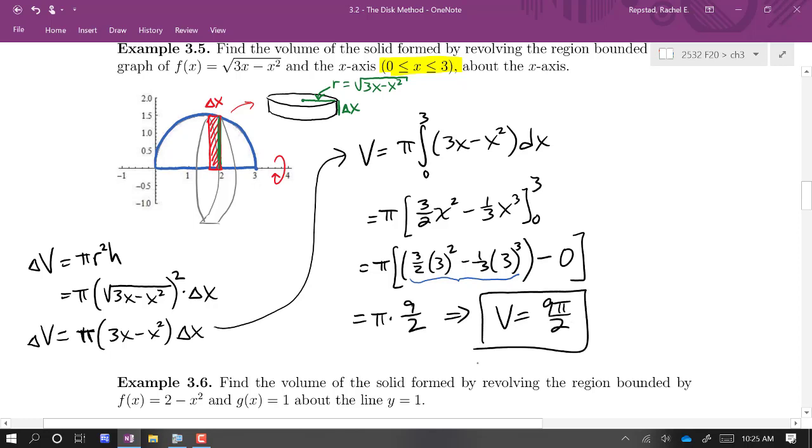And almost always, unless it's an applied problem where there are maybe some understood units being used, or there's something that I'm actually measuring as opposed to this abstract three-dimensional solid of revolution, we just leave it in terms of pi.